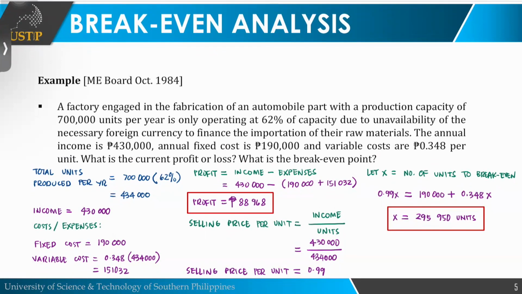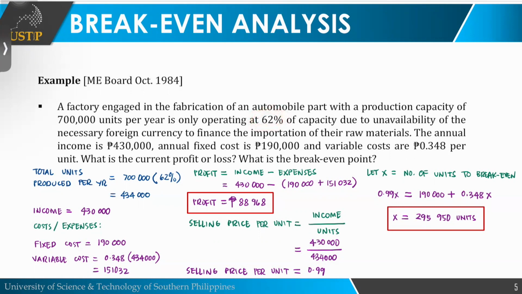It says here, class, it has a production capacity of 700,000 units per year. Meaning, in a year, it's capable of producing 700,000 units. However, due to unavailability of the necessary foreign currency to finance the importation of the raw materials, it's only operating at 62%.